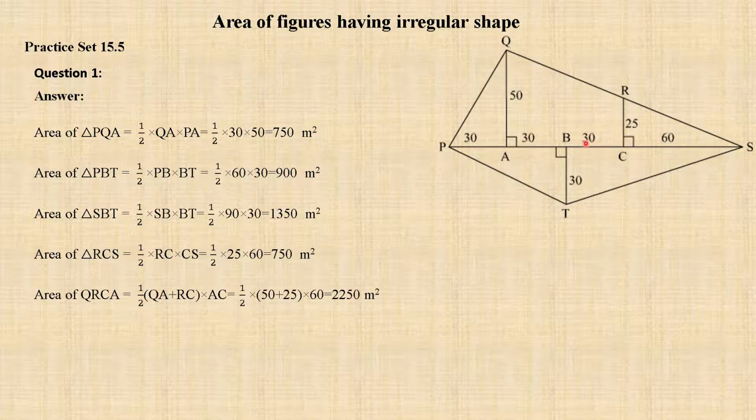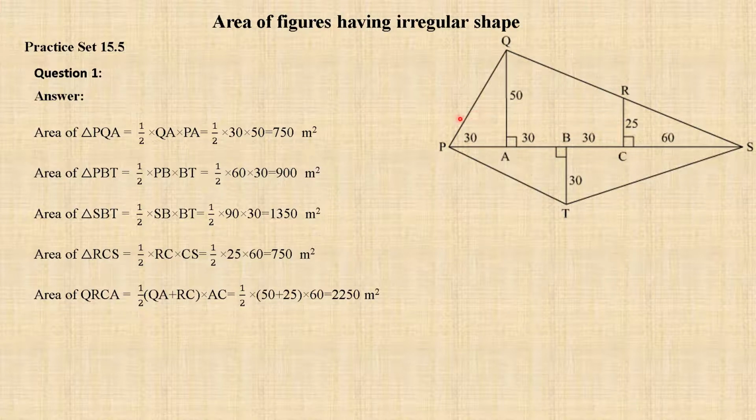So height is AC. So this would change to half into 50 plus 25 into height, that is 30 plus 30, which is 60. So this gives you half into 50 plus 25 into 60, that is 2250 meters square. So area of this portion is 2250 meters square.